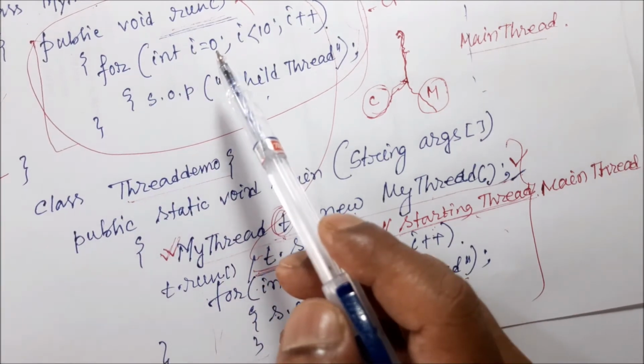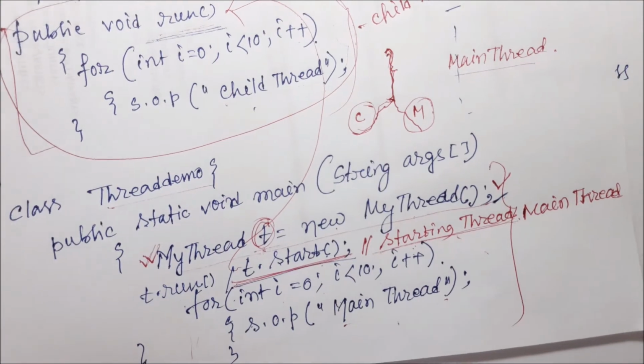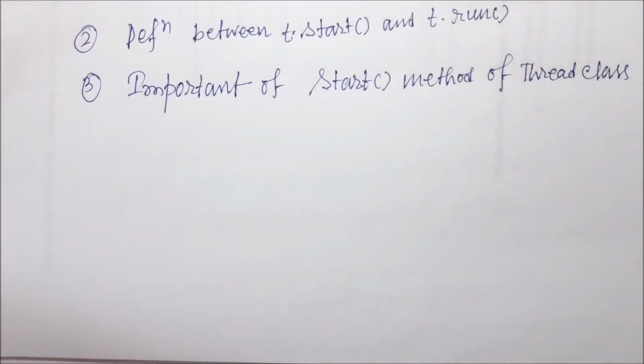Within the start method, there is a lot of predefined code written, at least 70,000 lines. The first task is to register the thread.